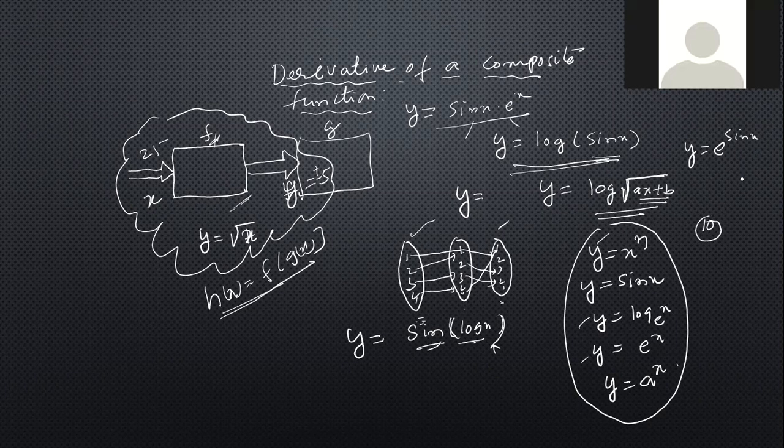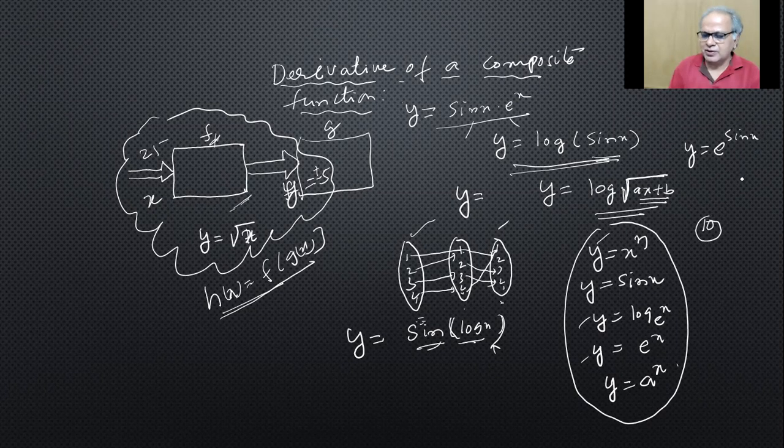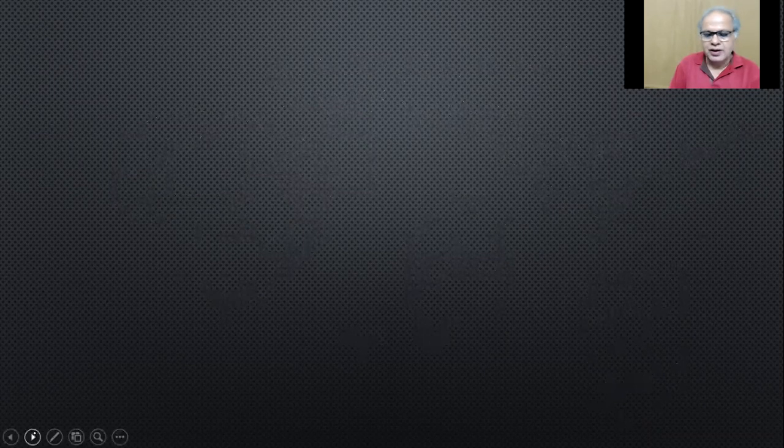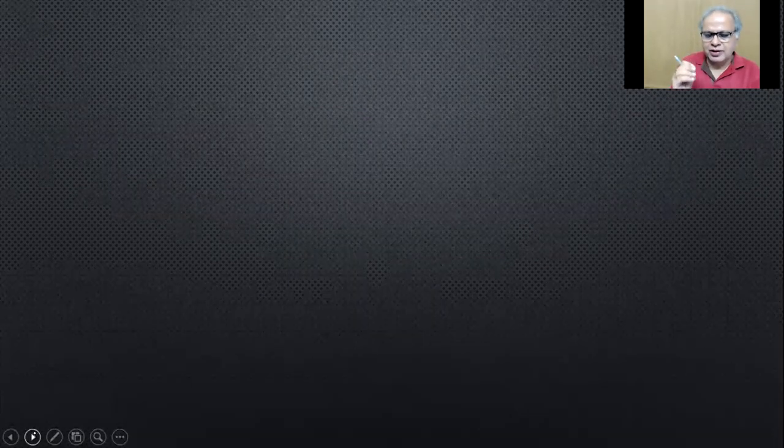Children? Yes. So once this is understood, the next job we can do in a jiffy. Very quickly we can develop a technique to find the dy by dx of a composite function. I will continue. I'll give you the freedom. Tell me one composite function like we did now.